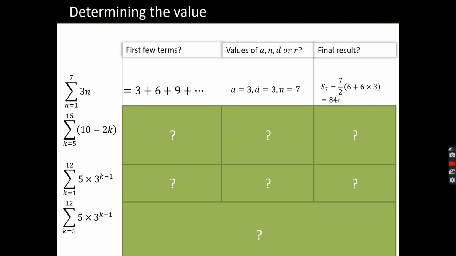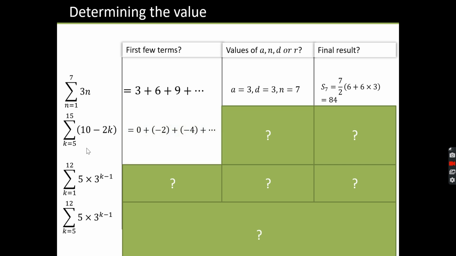Plugging it into your formula as before, you should be able to get something like this. This is the 2a plus (n minus 1)d, divided by 2, times n. Over here, what have we got? We've got 10 minus 2k, starting with 5. 2 times 5 is 10, so the first term seems to be 0. What happens next? For 6, it'll be minus 2 and then minus 4 and so on.